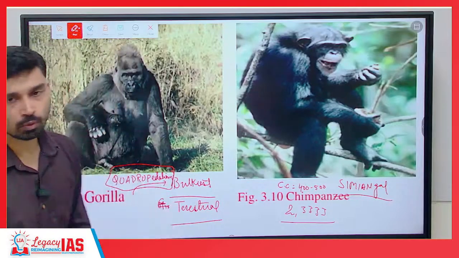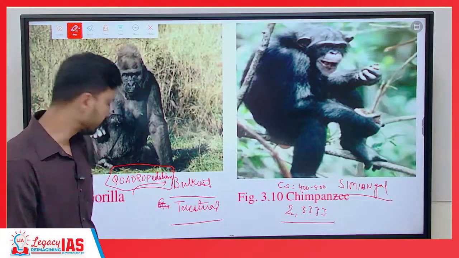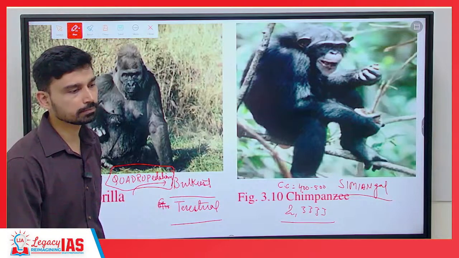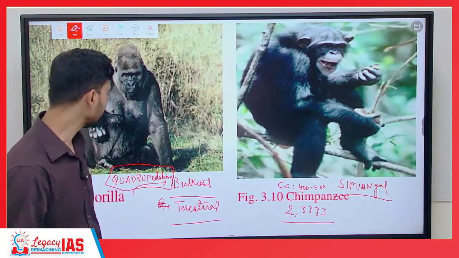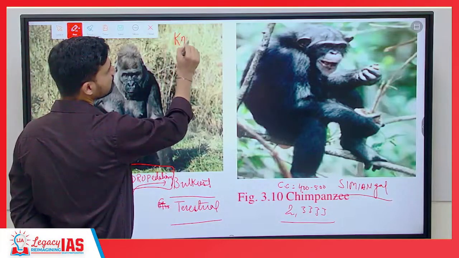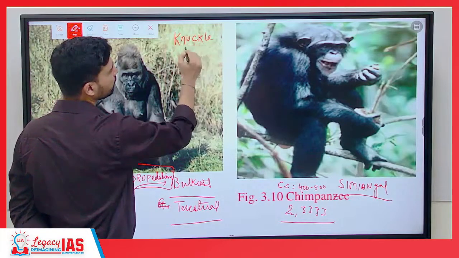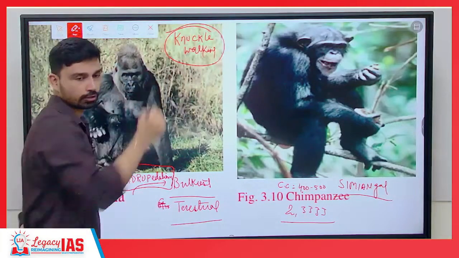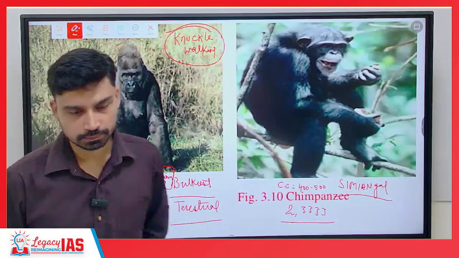Quadrupedalism means walking on all four limbs, taking support of all four limbs. In quadrupedalism, the unique kind of walking they exhibit is called knuckle walking, which we can write in brackets.